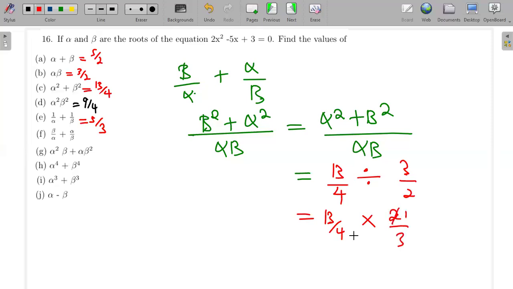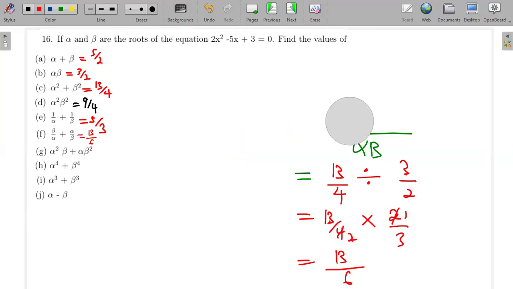So 2 there, 1, 2 there, 2. So I have 13 multiplied by 1, I get 13, divided by 2 multiplied by 3, I get 6. So my answer is 13 over 6. Okay, so this guy here is simply 13 over 6. Okay, we continue.